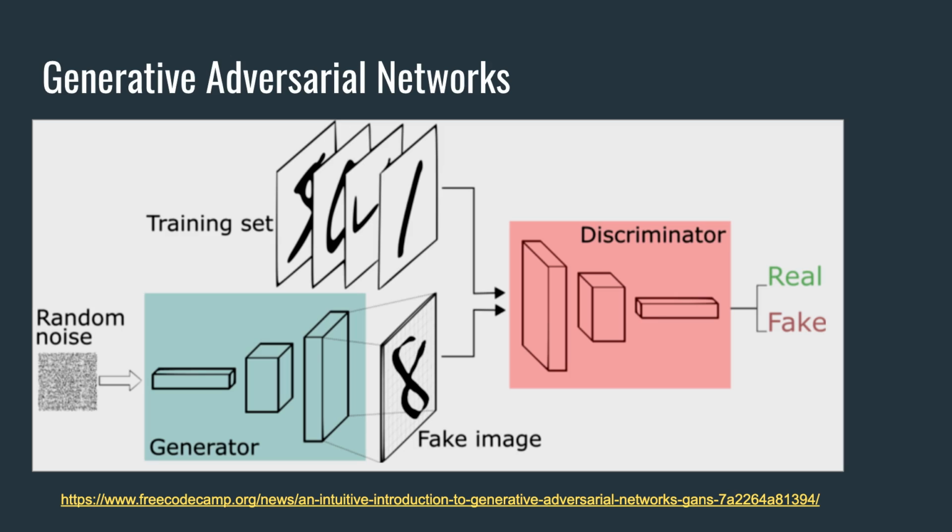So here's one of the narratives about what's going on with generative adversarial networks. The idea is that you have 2 networks, a generator and a discriminator, and they're in competition. And so the idea is the generator is attempting to create realistic images that will fool the discriminator, and the discriminator is attempting to tell the difference between a real and a fake image.